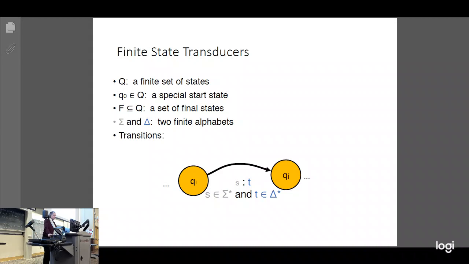There's a transition function between states, with each transition having a label consisting of two symbols. We conventionally separate these with a colon. So S here is the input symbol and T is the output symbol.